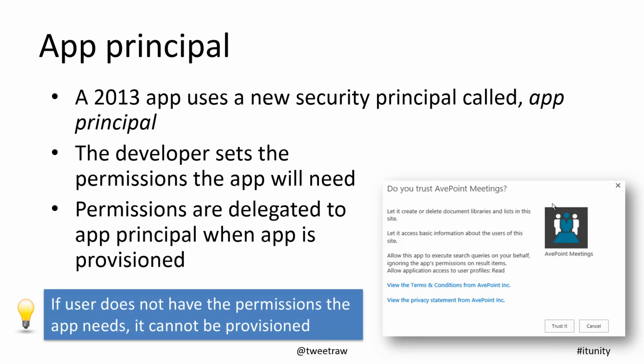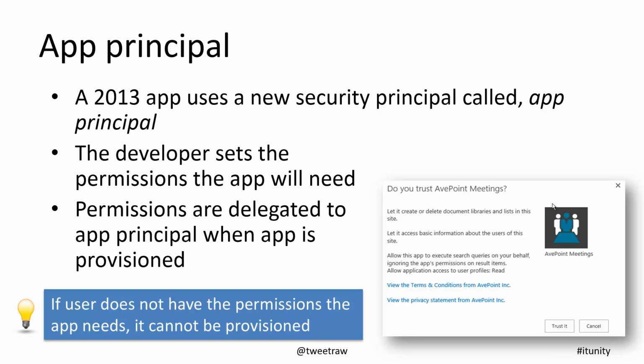Here's a key point. If the user does not have permissions that the app needs, it cannot be provisioned. What does that mean? Let's say I was a user provisioning a new instance of this application, and this application is asking for a very high level of access, maybe full permissions to the whole tenancy, which we'll talk about in a moment.